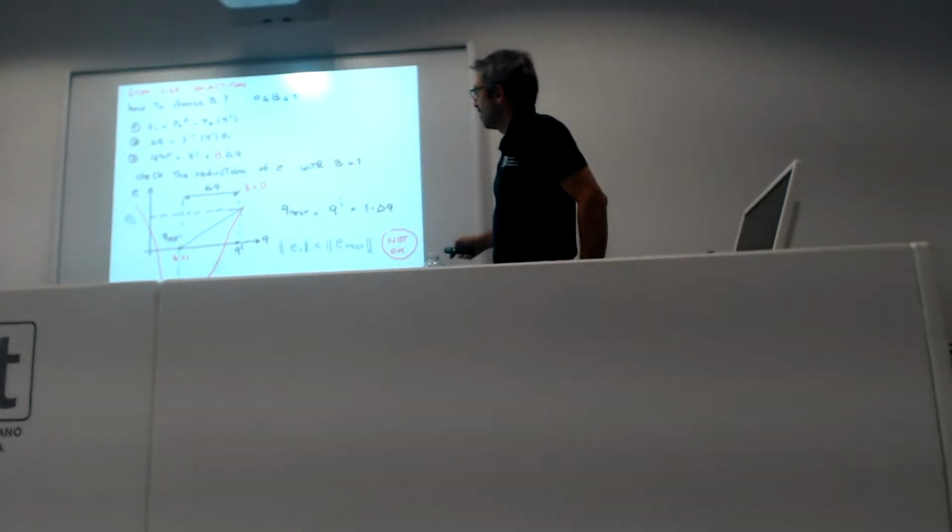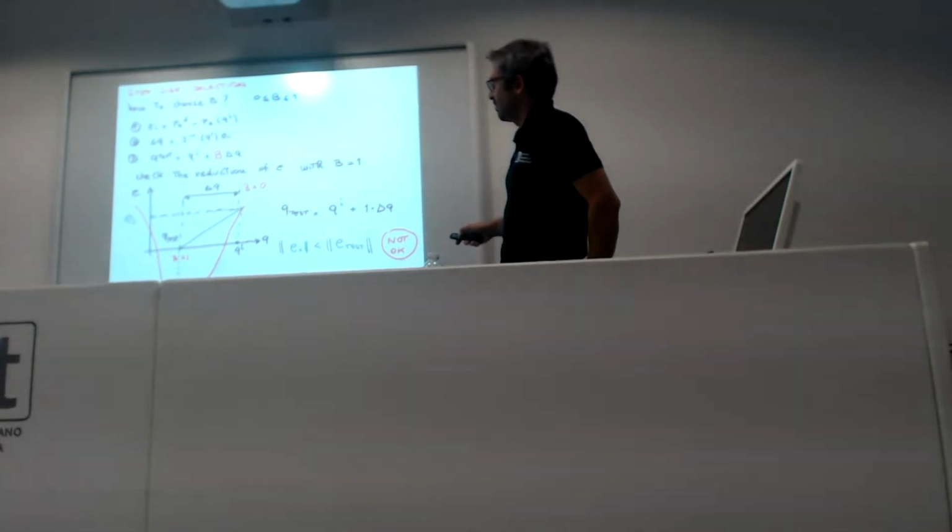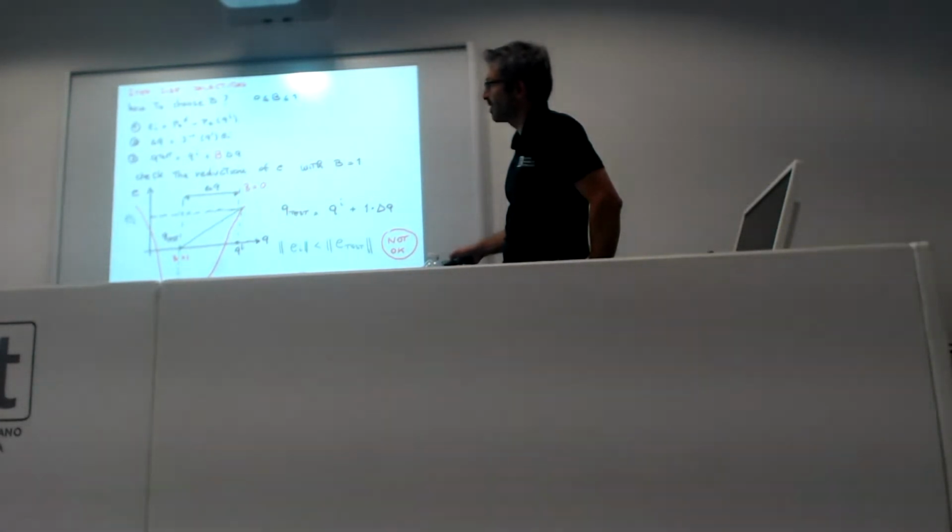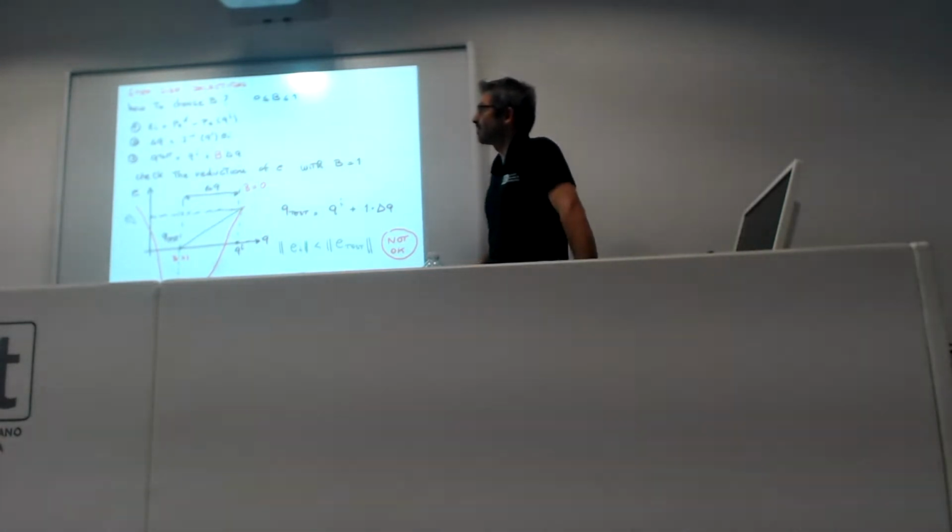If we do a full step, coming from here to here, we see that the error is at this point, and when you evaluate the next iteration, the error is increased. So the error is not decreased, which is not okay. Taking a full step is not good. I need to take a smaller step.